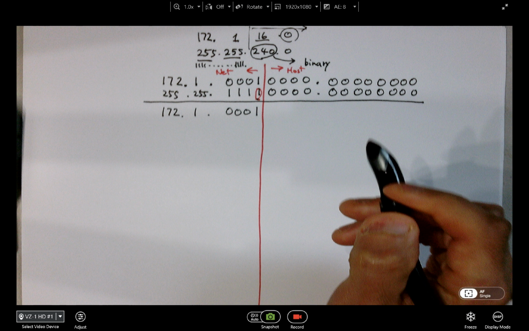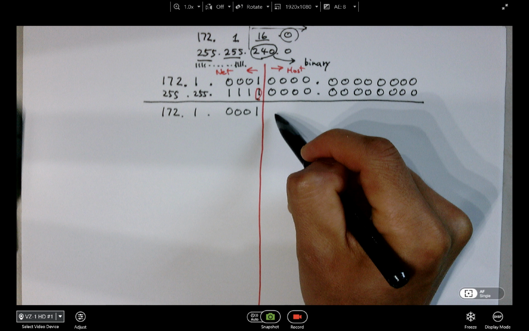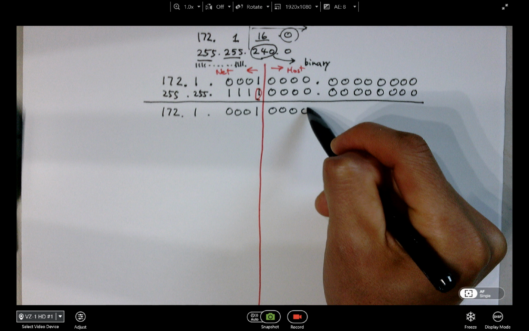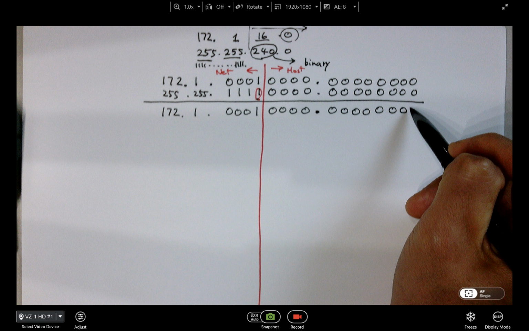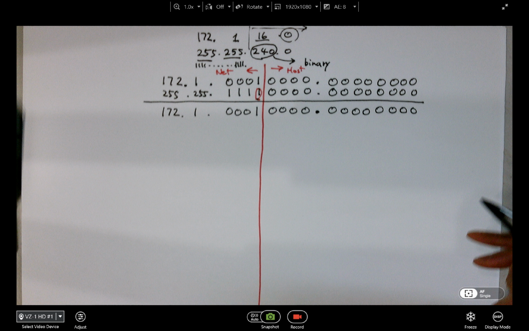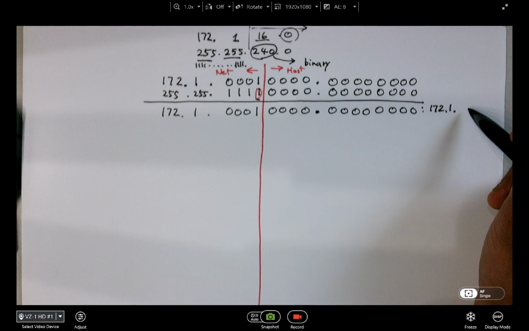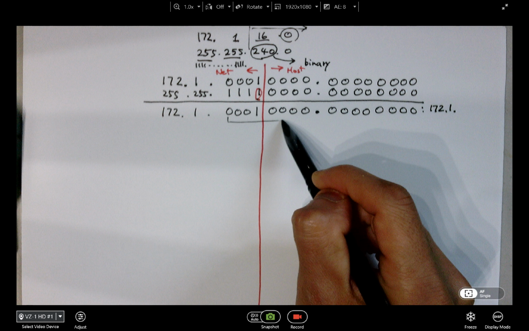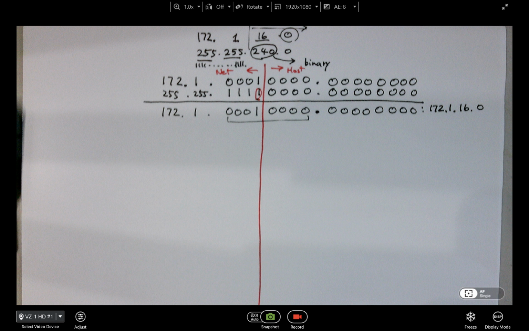And then the host portion is going to be all 0, 0000.00. So that's the network address. And the network address is 172.1. So this is what? This is a 16, right? So 16.0. That's the network address.